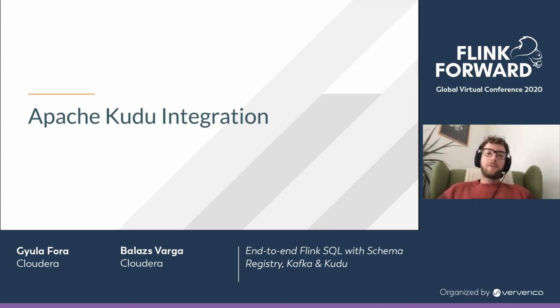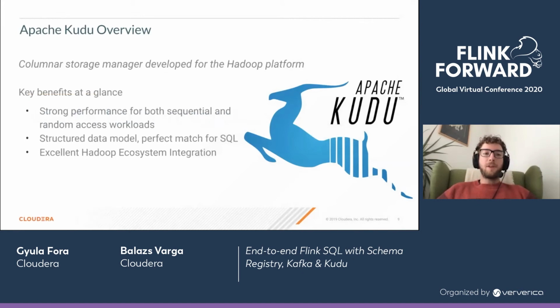For storing the metadata, we use Apache Kudu, which is a columnar storage manager developed specifically for the Hadoop platform. In some sense, Kudu is similar to HBase, but it provides a strongly typed schema that is a better match for SQL queries.